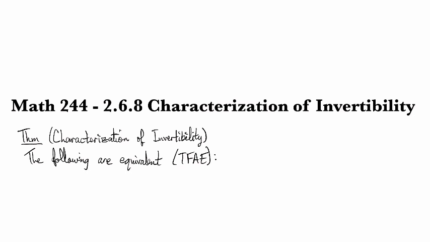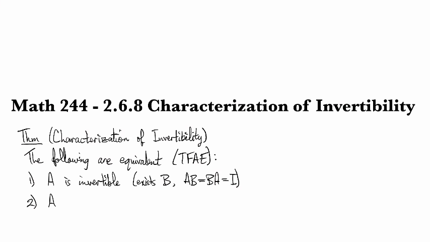That means that each one of the following things is the same as all of the others. It's implied by it and it implies it. So the first one is A is invertible. By definition, this means that there exists a B with AB equals BA equals the identity. Okay, so that's the first one.